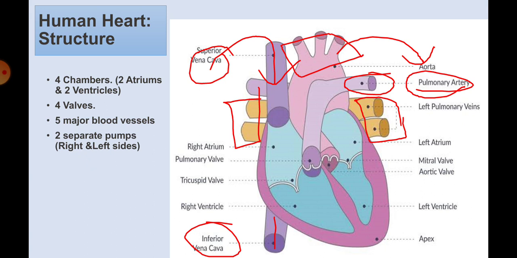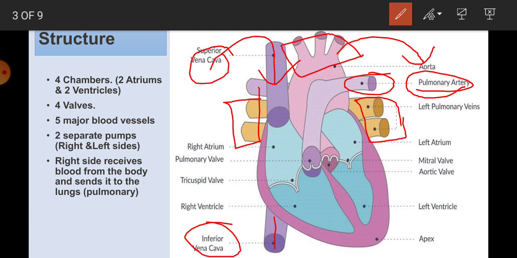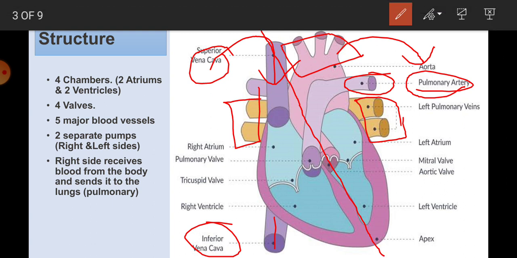And chambers, valves, and vessels function as 2 separate pumps. The heart pumps the blood throughout our body, and there are two separate pumps.